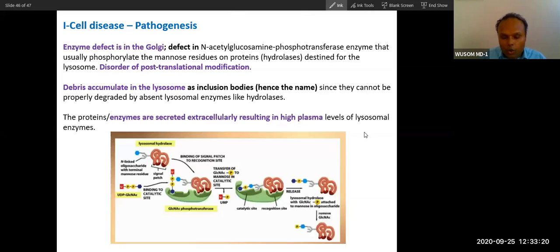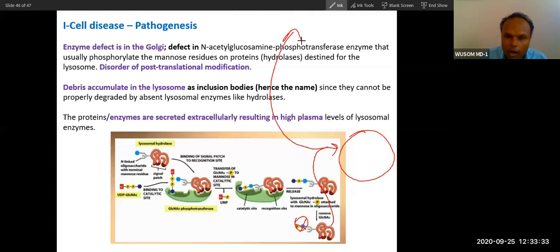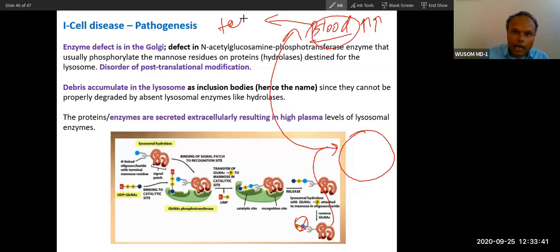So I will tell you what will happen if this enzyme lacks this address, mannose 6-phosphate, and does not enter the lysosome. This enzyme will come out into the blood and rise in the blood. From the blood, you test these enzymes and find out the type of disease.